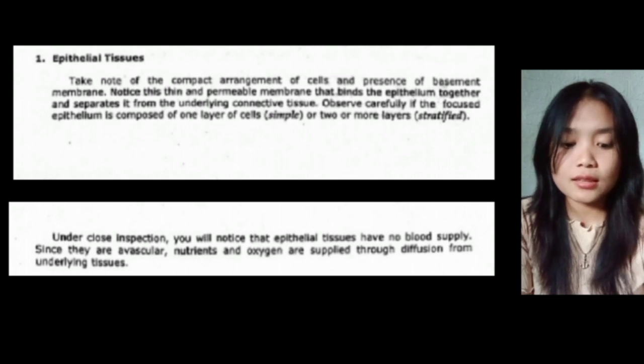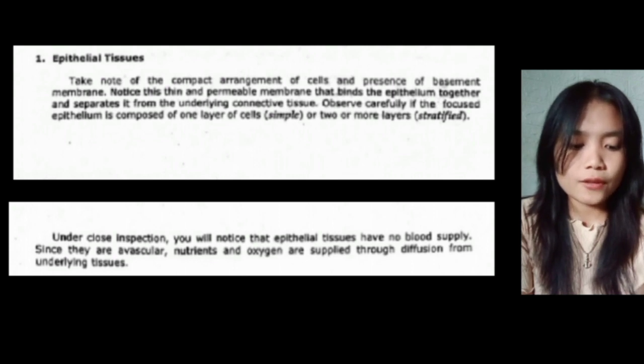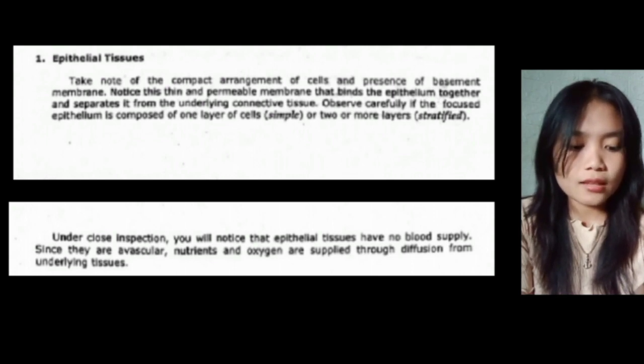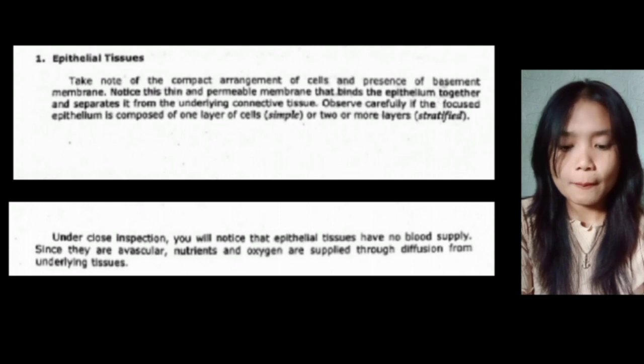Observe carefully if the focused epithelium is composed of one layer of cells, or simple, or two or more layers, or stratified. Under close inspection, you will notice that epithelial tissues have no blood supply. Since they are avascular, nutrients and oxygen are supplied through diffusion from underlying tissues.